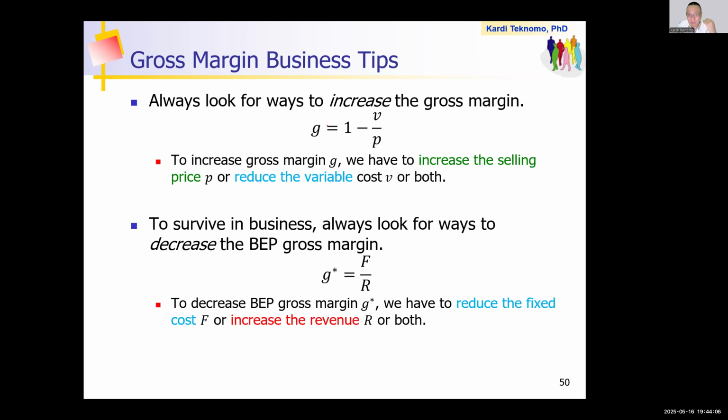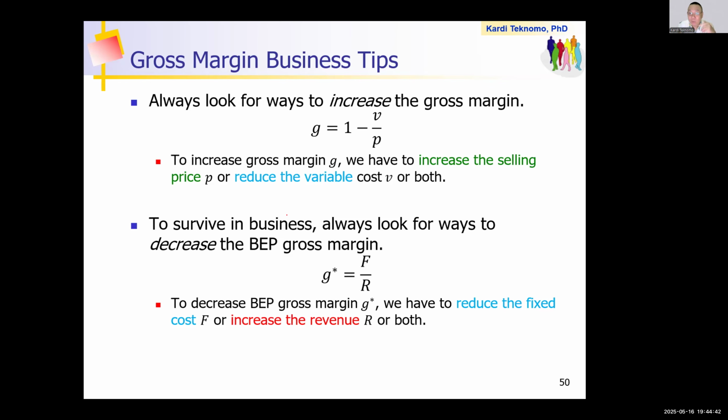How will you increase it? You increase the selling price, P here, and reduce the variable cost, or of course both. So if you want to increase the gross margin, you increase the selling price or reduce the cost. Logic.